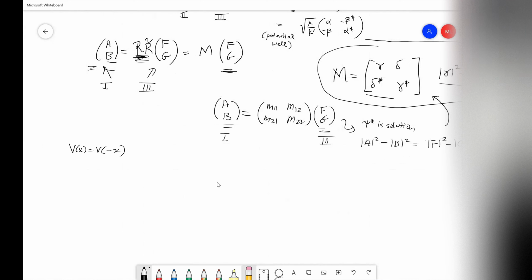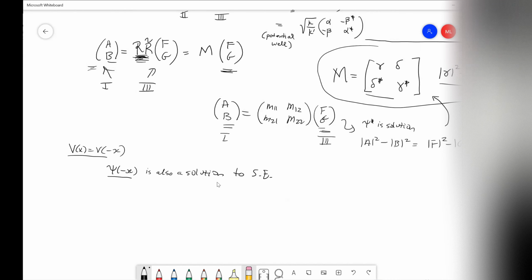And you can, because if we have an even potential, then psi of minus x is also a solution to the Schrodinger equation. What that means is that if we do psi of minus x, then the A and B and F and G regions flip, because everything at plus x becomes stuff at minus x.